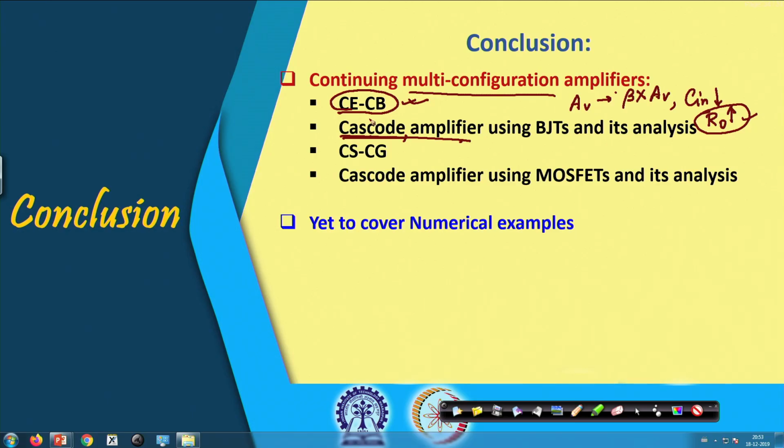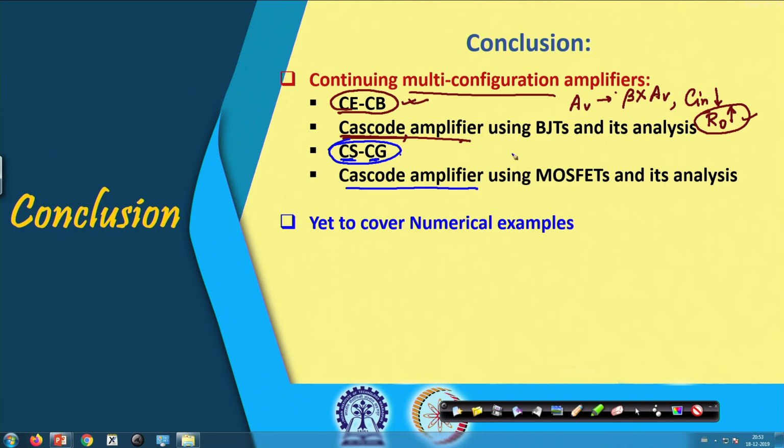On the other hand, for the MOS based circuit, we have seen the common source followed by common gate, and with biasing modification, we have obtained the cascode amplifier.